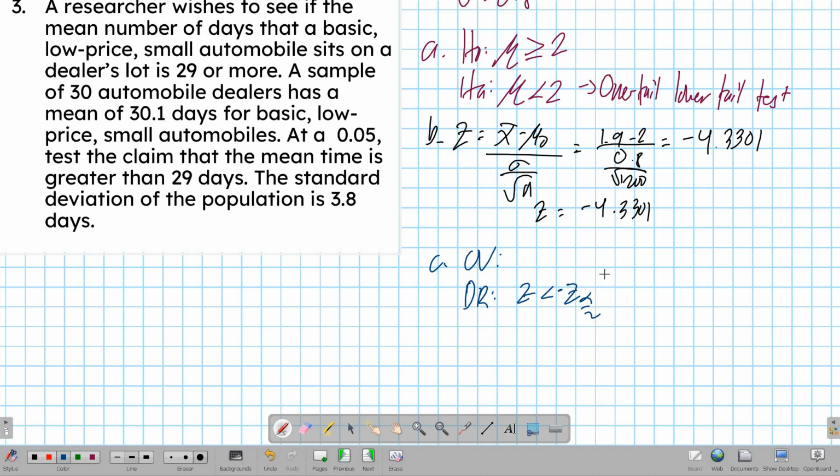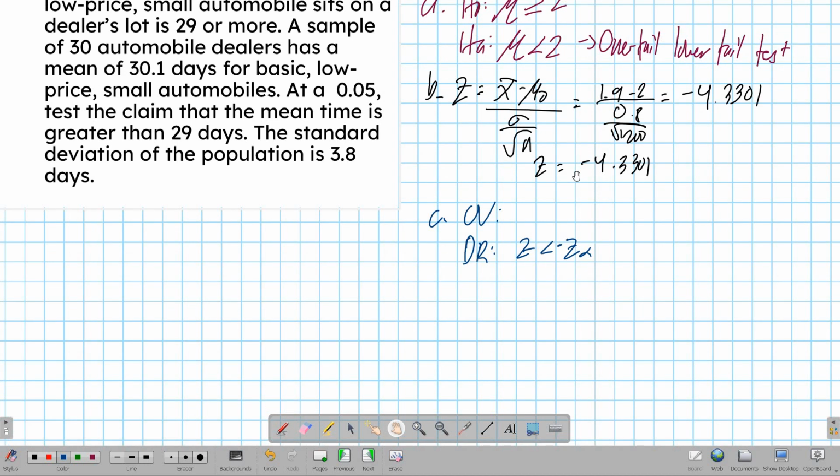So first we will need to find that negative z alpha, whose alpha is 0.05. So we now go to our z table.